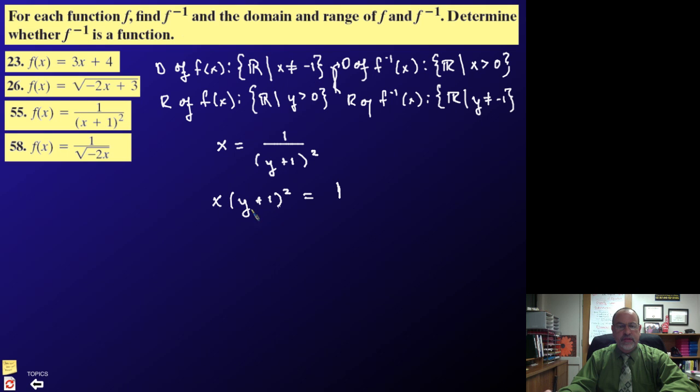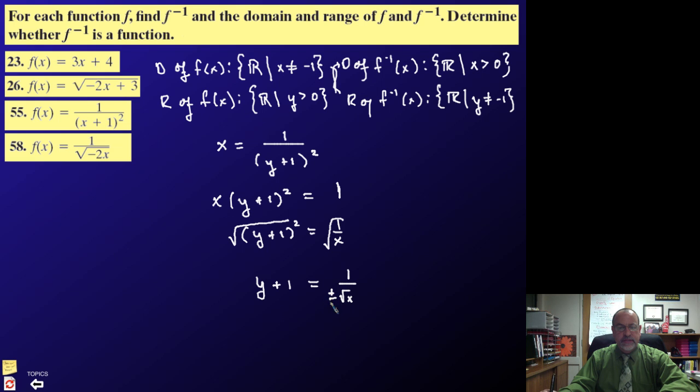I then need to get this squared thing by itself so I can undo that, but I have to divide by the x first. So y plus 1 squared is equal to 1 over x. Now I need to take the square root of both sides. So that gives me y plus 1 is equal to, the square root of 1 is 1, and then I have the square root of x in my denominator. And then this is plus or minus.